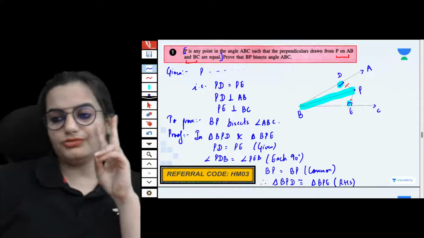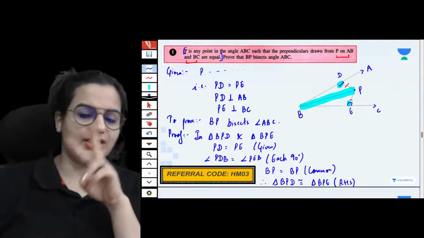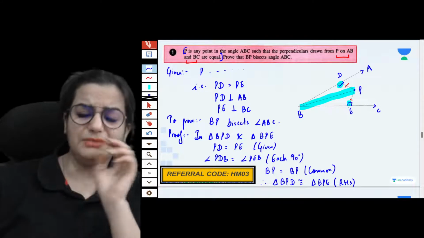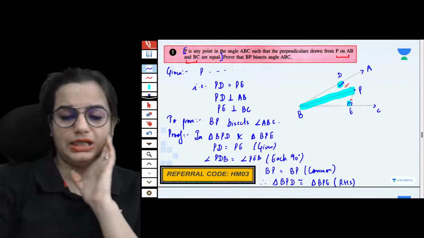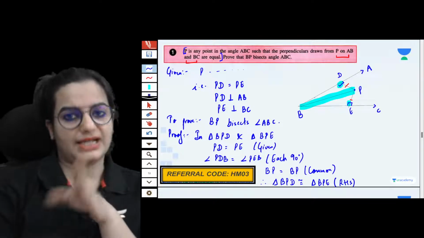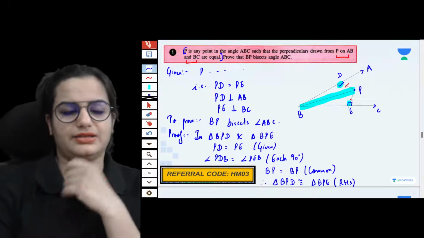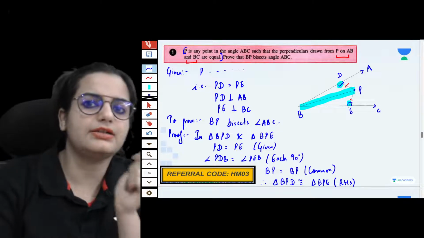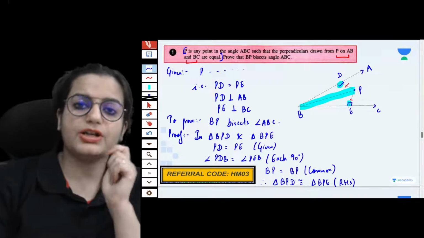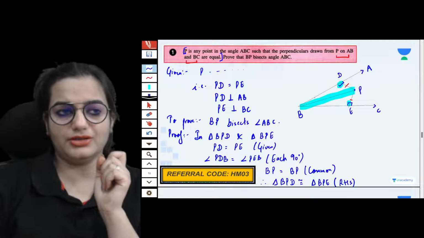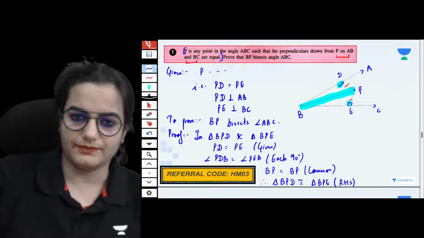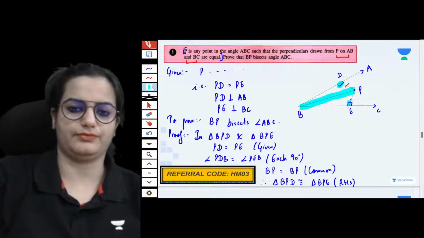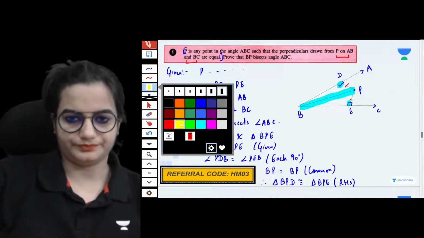If we are having two triangles that are congruent, तो अगर मैं आपको बोलूँ BPD congruent हो गया BPE के, तो it means बचे हुए sides and बचे हुए angles, it means corresponding sides and corresponding angles. Corresponding, why I am using the word corresponding? अच्छा, I can tell you by the symbolic form, that would be much better.